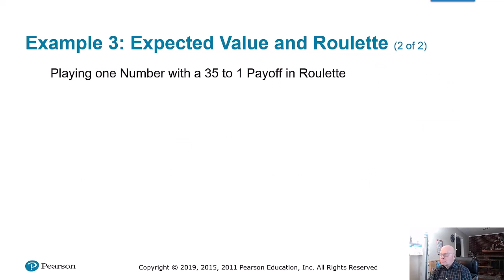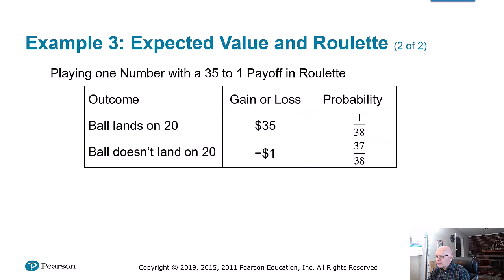So, playing one number, you're going for a 20. So the ball lands on a 20, you get 35. You don't have to subtract the 1 because they give it back to you. There's only one chance out of 38 of hitting that 20. So you're going to multiply those two together.